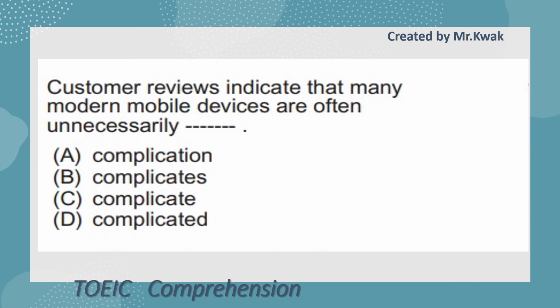Today I want to emphasize that TOEIC is a kind of business English comprehension test, and grammar is very important. But this test is not primarily focused on grammar; I want to emphasize more the structure of sentences in English.